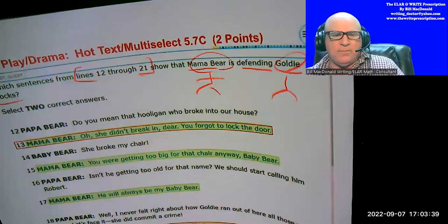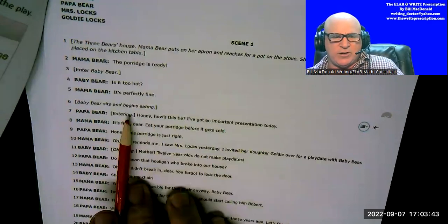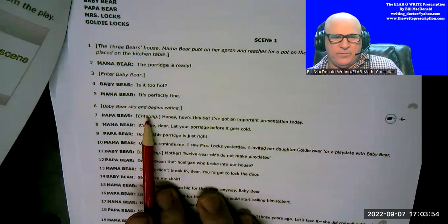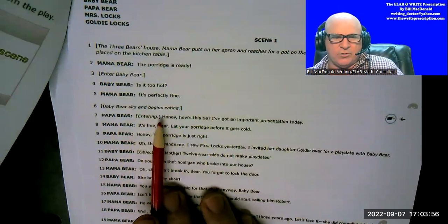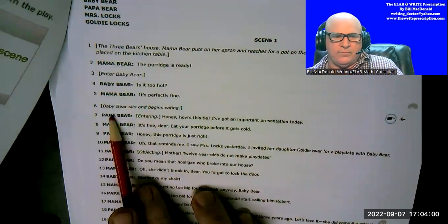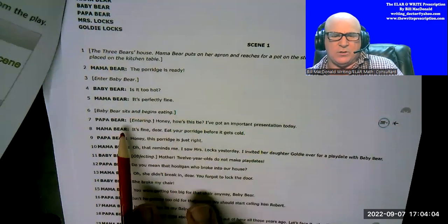There are sometimes what they call staging directions. So we can say staging, bracket, directions, bracket, action. Papa Bear, staging directions, action.